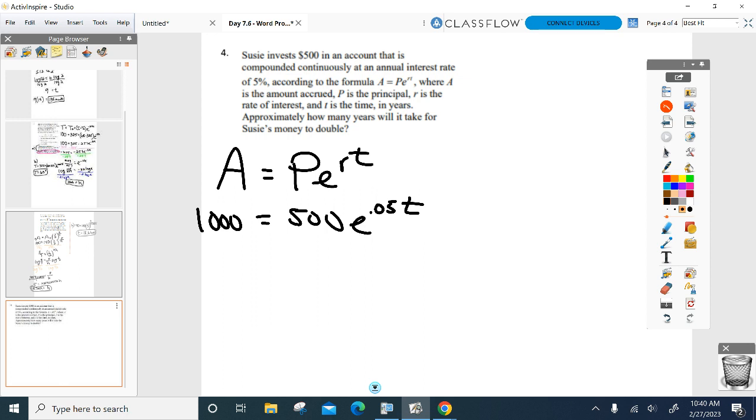Get the 500 out of there. Log the E and the 2 on the other side.